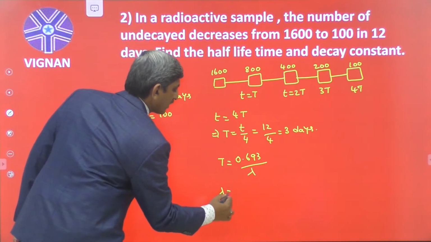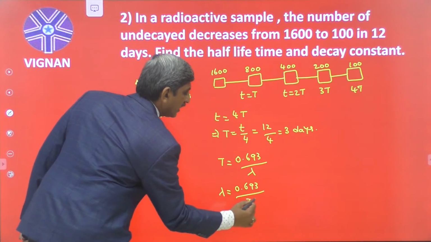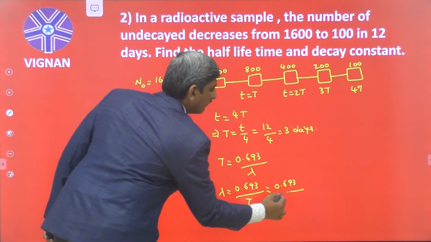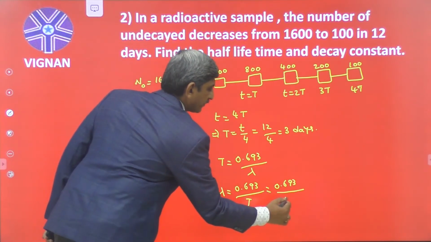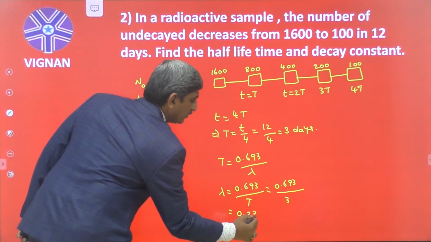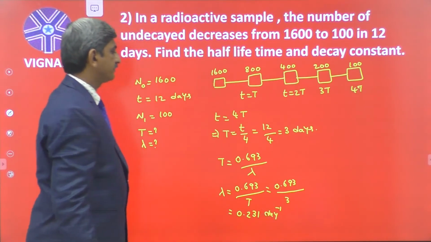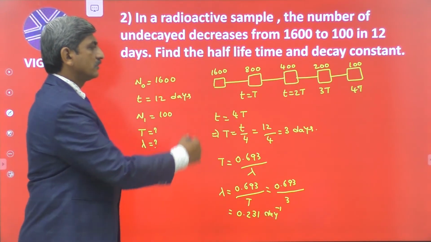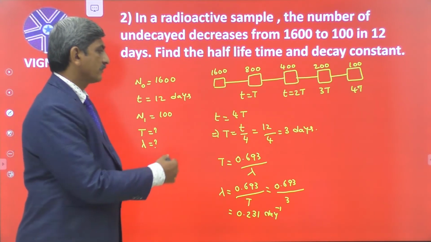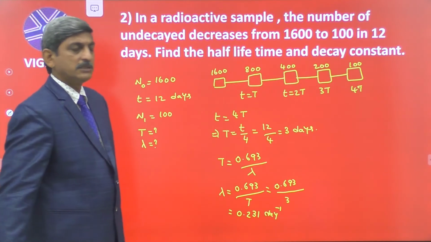From this we can write lambda is equal to 0.693 divided by T half life, that is equal to 0.693 divided by 3. This is equal to 0.231 day inverse. So by using the simple procedure, we can determine the half lifetime and decay constant.